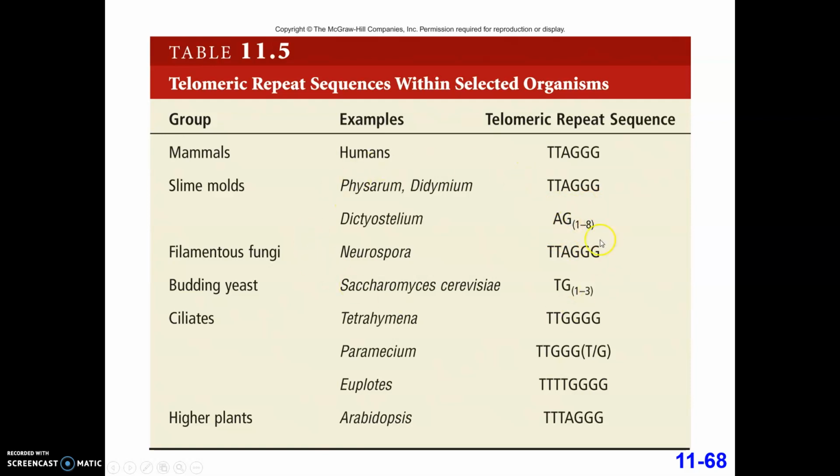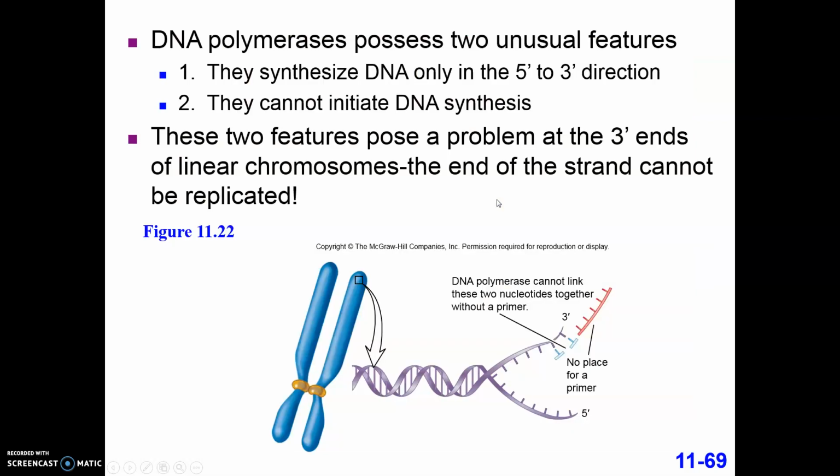Now, the reason why we need these telomeres is because DNA polymerase can only synthesize in a 5' to 3' direction, and it cannot initiate the DNA synthesis. So if you recall, DNA polymerase can add nucleotides onto a 3' end.